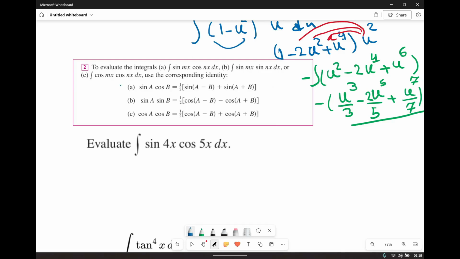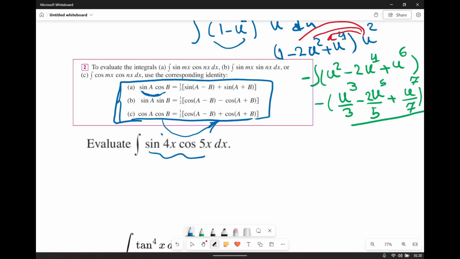Okay guys, if you have not mastered trigonometry, I explain all these materials in detail in the trigonometry playlist. But you must consider, if you have a product of sine and cosine, or sine times sine, or cosine times cosine, you can change it to a summation using these formulas.